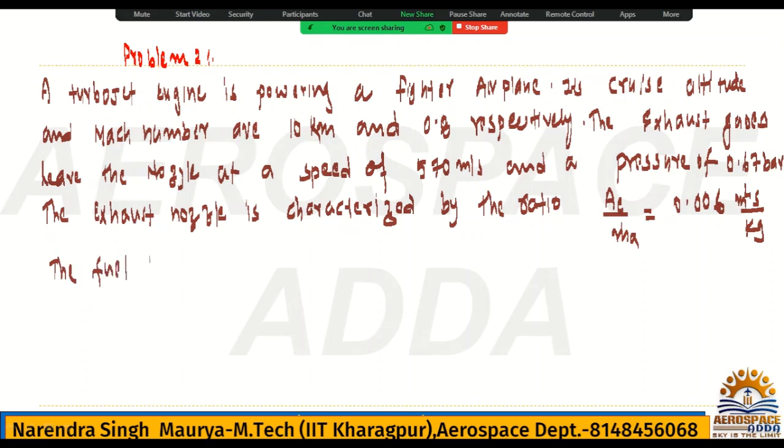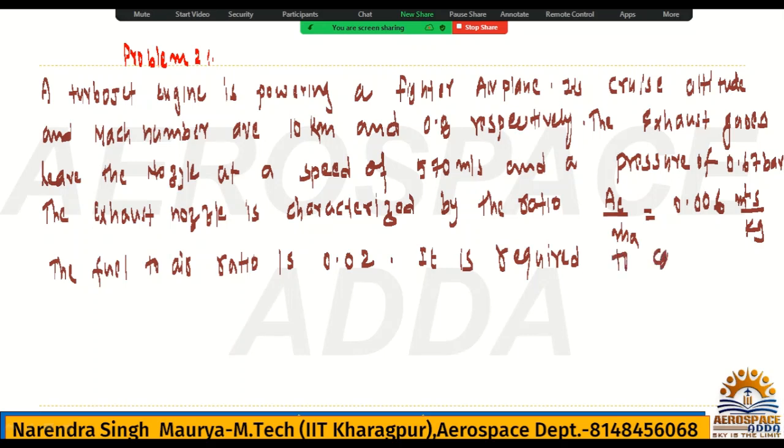The fuel to air ratio is 0.02. It is required to calculate the specific thrust.